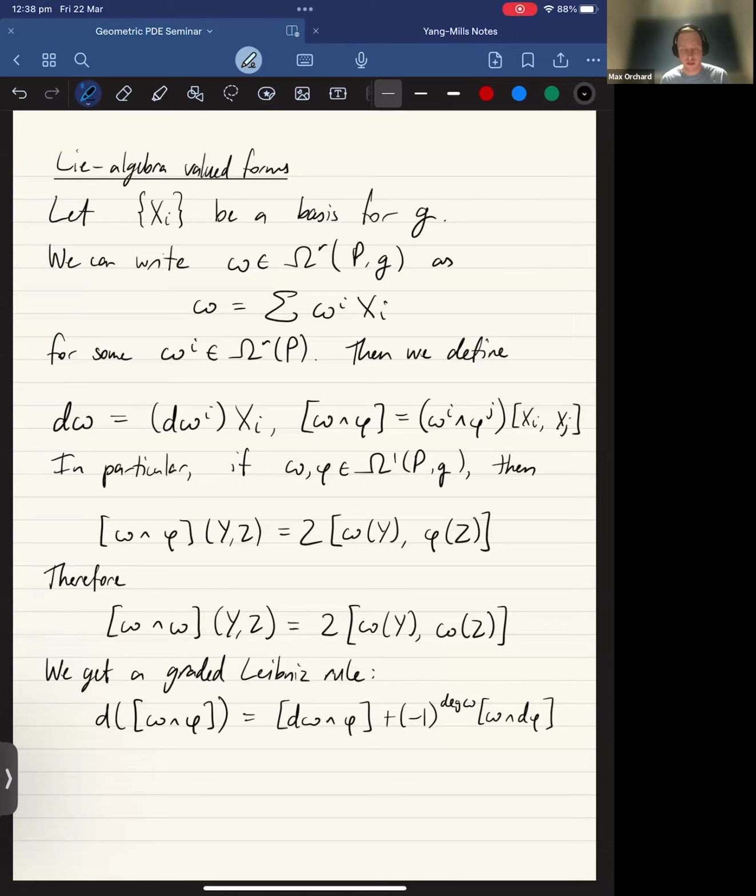So for one forms, this degree is going to be 1, so this is just going to be a negative here. And similarly, there is this graded anti-commutativity of the wedge product here.